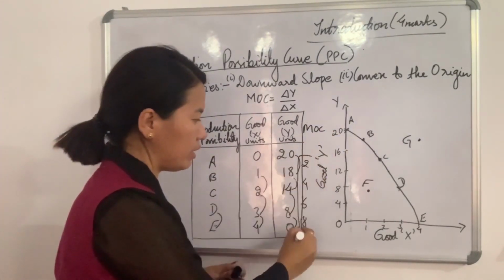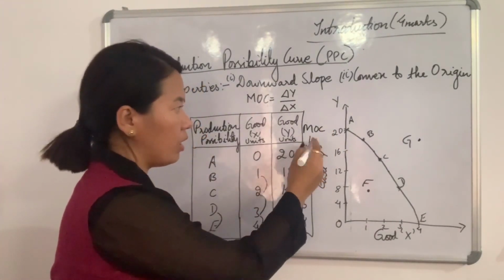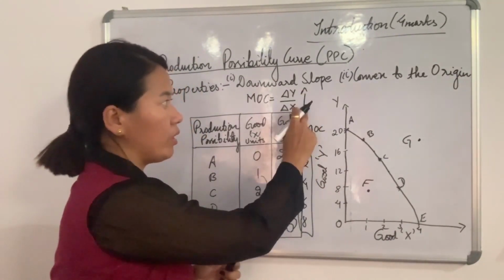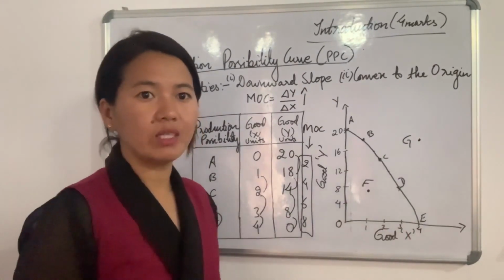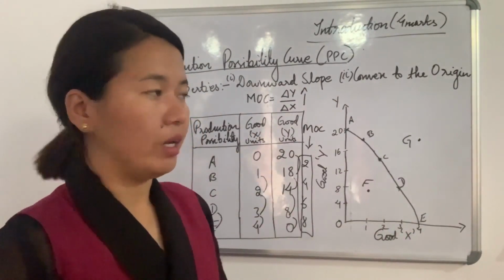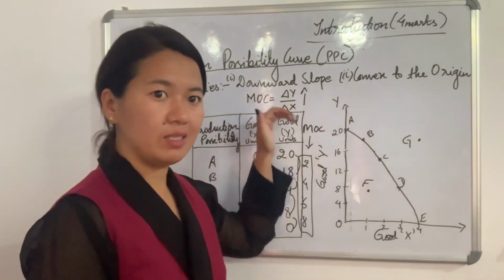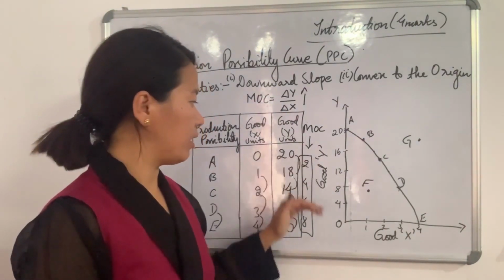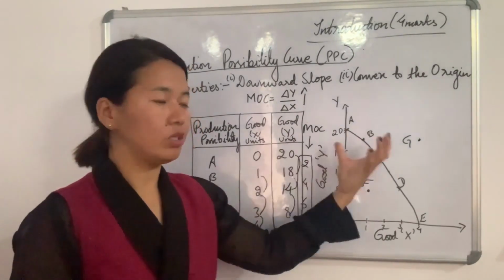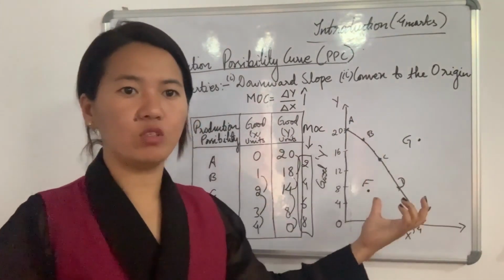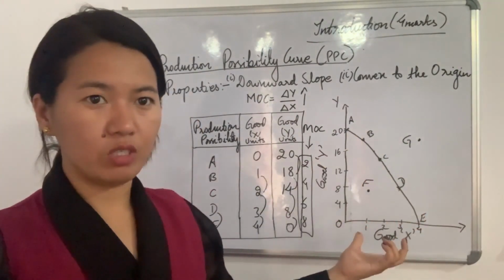When this marginal opportunity cost, this MOC, is increasing, we always get a convex shape of PPC. When the MOC decreases, say we are sacrificing less and less of good Y, then our PPC will be concave to the origin.